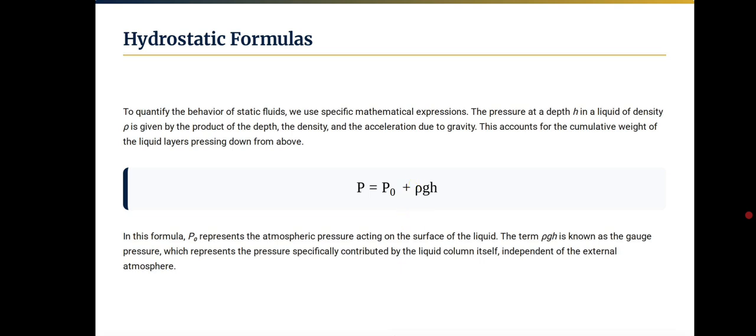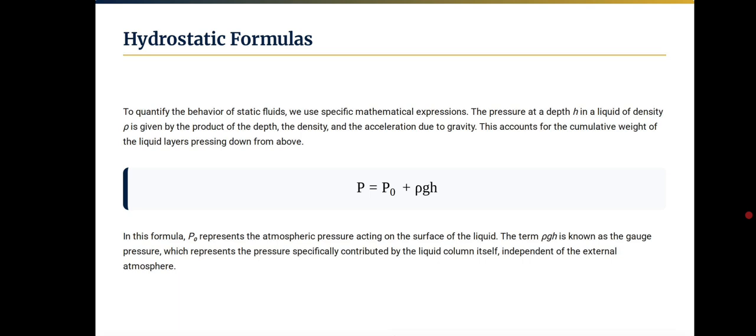In the formula, P naught is the air pressure pushing on the surface, while P is the total pressure. The other part, rho g h, is what we call the gauge pressure. This is the extra pressure caused just by the liquid itself.